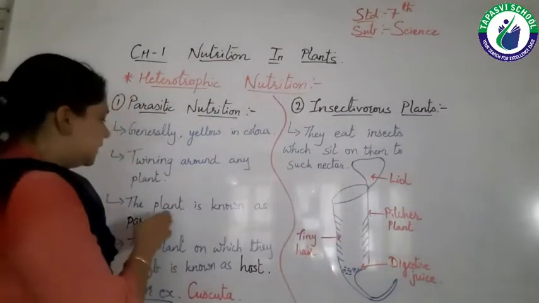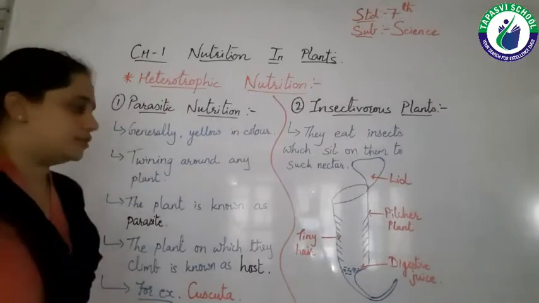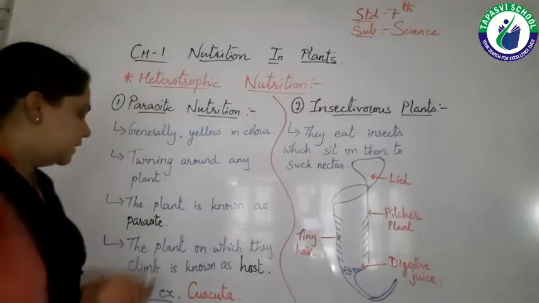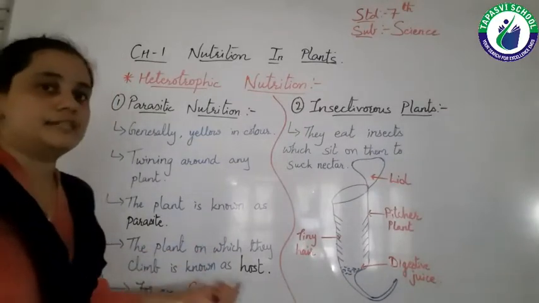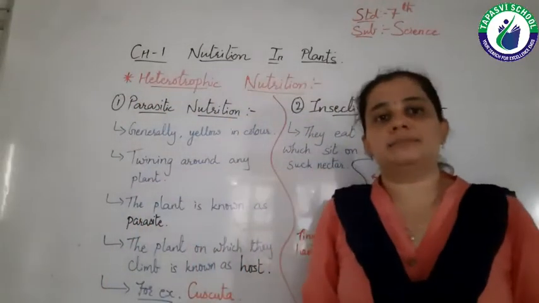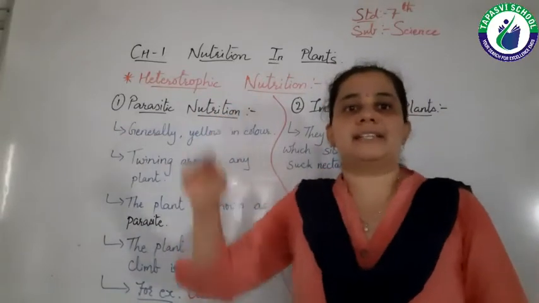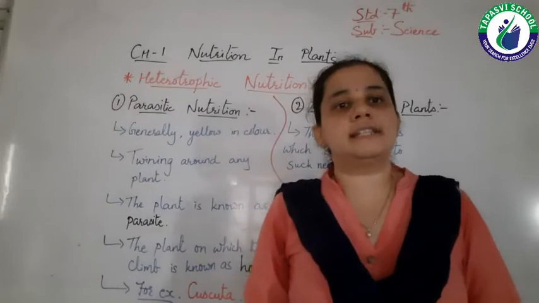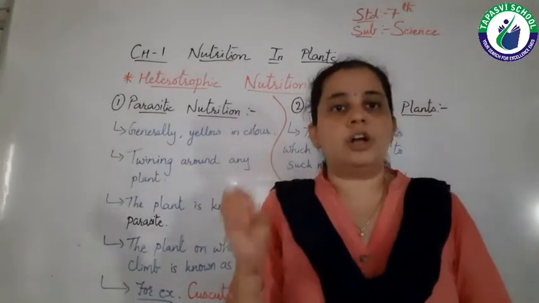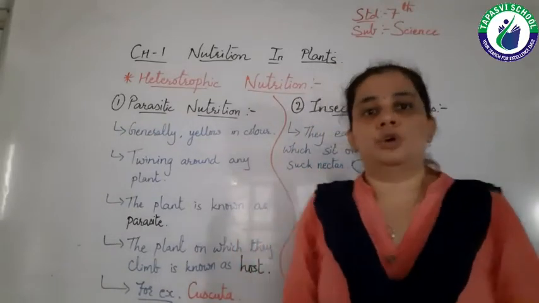The plant which is having parasitic nutrition is known as parasite, and the plant on which it climbs to take all the nutrition is known as host plant.